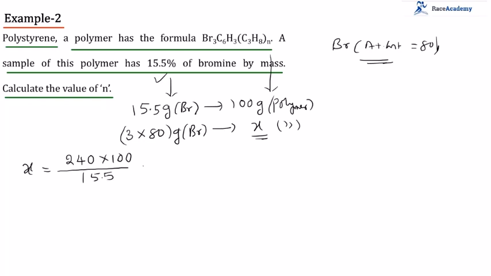15.5. Let me check the calculation. I have 24,000 divided by 15.5.